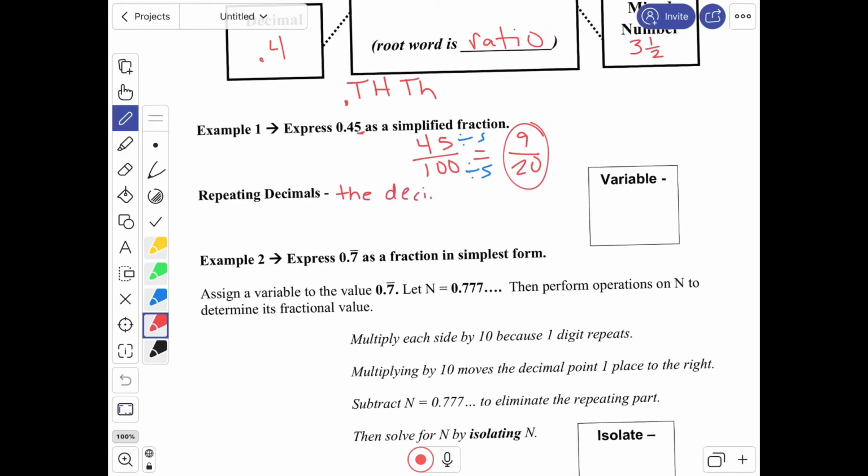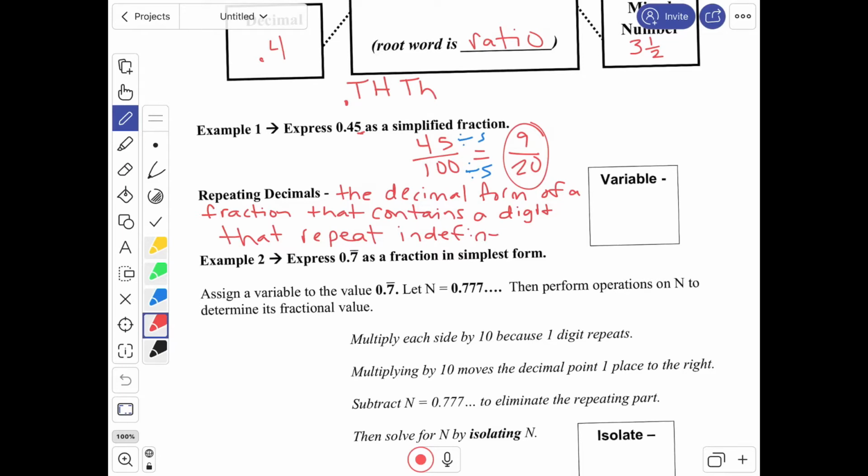The decimal form of a fraction that contains a digit or group of digits that repeat indefinitely, or forever.